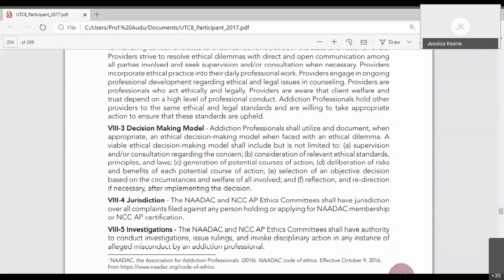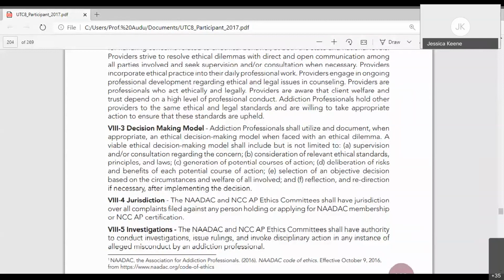A viable ethical decision-making model shall include, but is not limited to: A, supervision and/or consultation regarding the concern; B, consideration of relevant ethical standards, principles, and laws; C, generation of potential courses of action; D, deliberation of risks and benefits of each potential course of action; E, selection of an objective decision based on the circumstances and welfare of all involved; and F, reflection and redirection, if necessary, after implementing the decision.